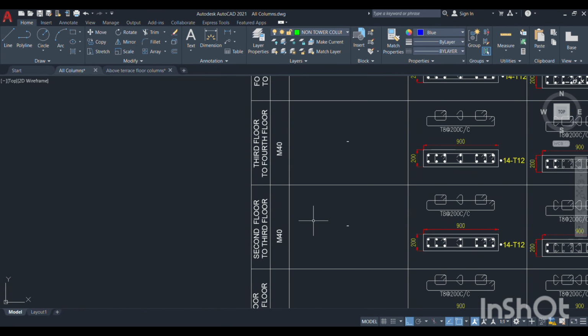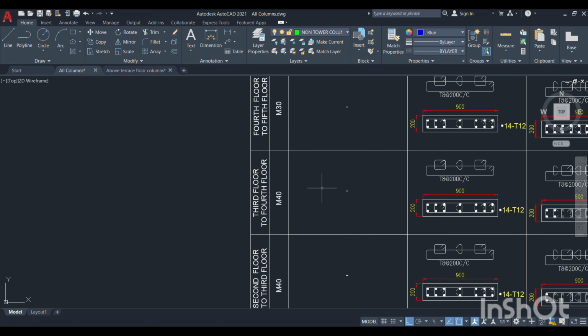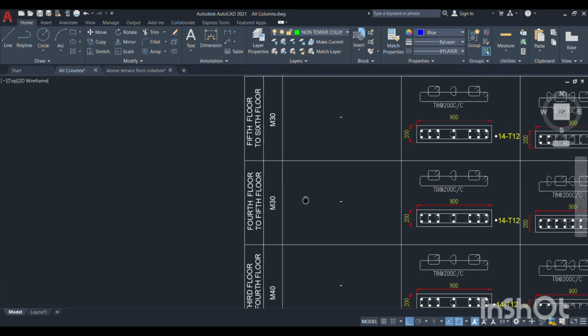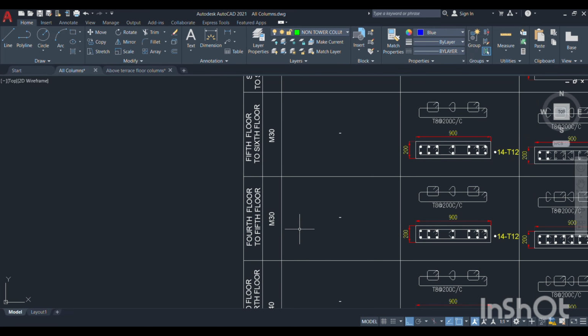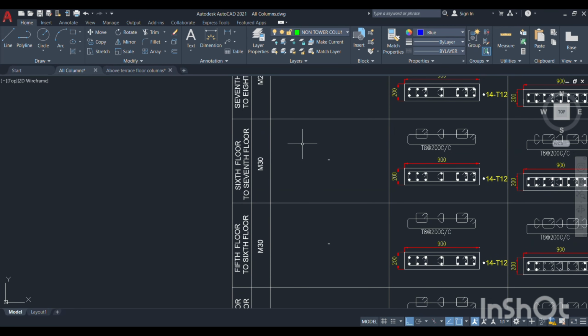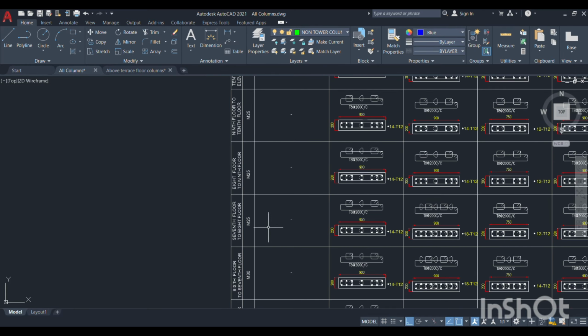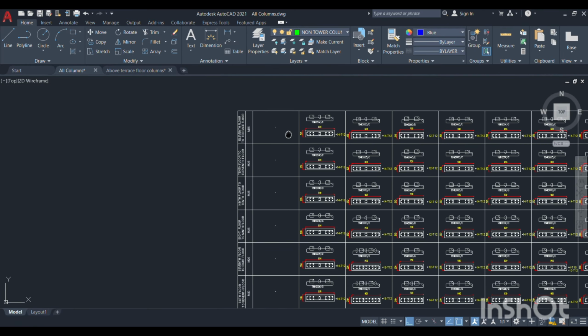The M40 grade goes from second to third and third to fourth. Then from fourth to fifth, at the time of column calculations, you need to follow the M30 grade lap length up to 6th to 7th. Then from 7th to 8th you have to follow the M25 grade lap length.